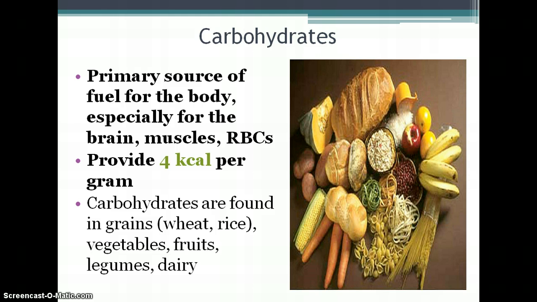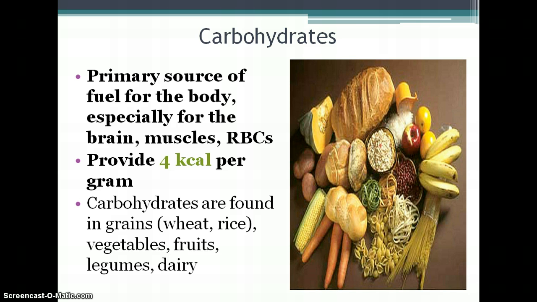Muscles will use some fat as well, but they prefer to use glucose, ideally. And then our red blood cells. Of course, red blood cells have that important job of transporting oxygen. So if you think about just those three parts of your body, your brain, your muscles, and your red blood cells transporting oxygen, think about that and realize how important glucose is as a fuel source.